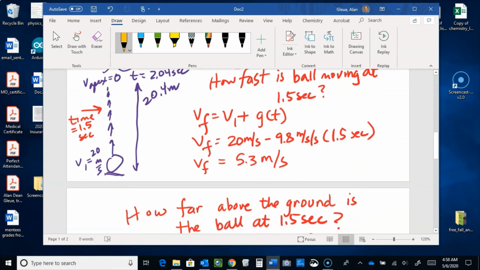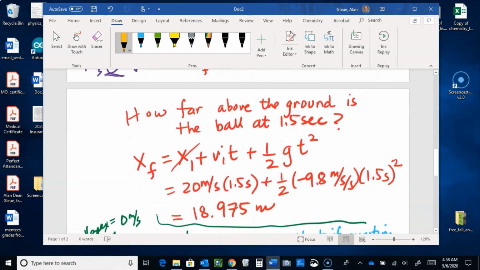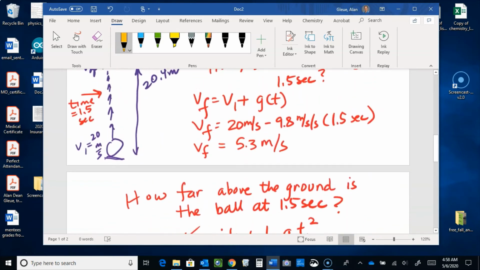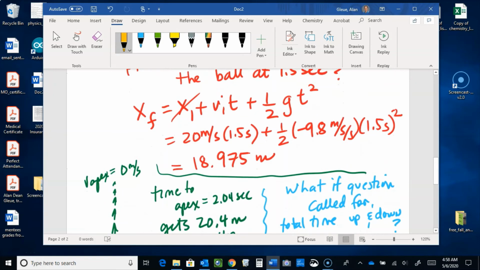Alright, we might also want to know how high above the ground the ball is at that time. In this case we could use our how far equation, and again some textbooks or websites will put in a y instead of using x's.